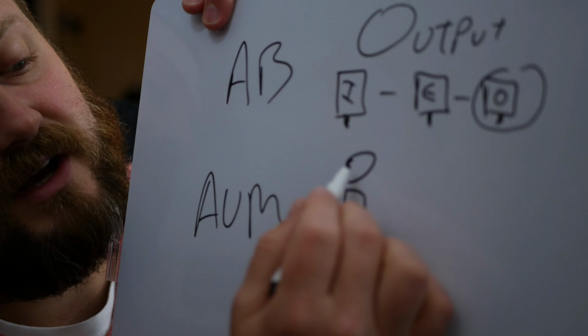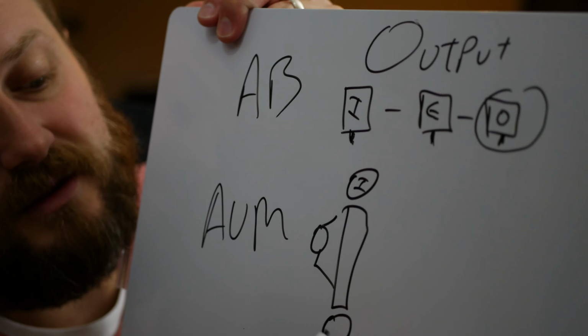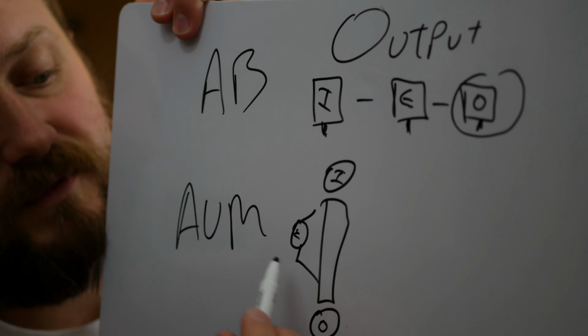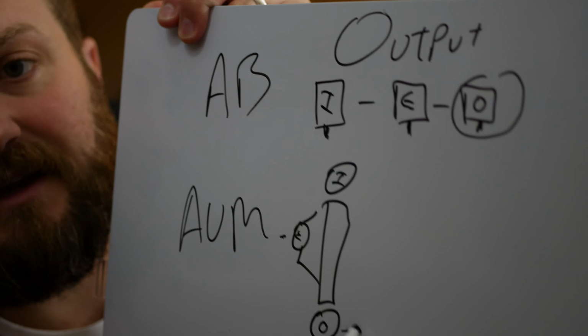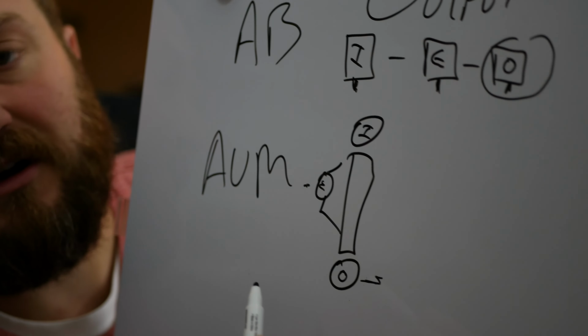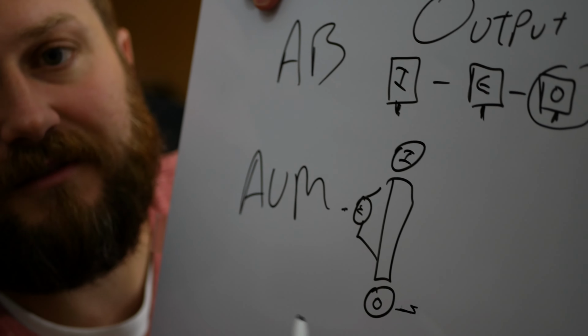With AUM, it's set up more traditionally, like a mixer. You have your input, then you have your output down here, and you can have your effects in the middle. But the output down here can only be the system output, which would be your audio interface or just your speakers or your headphones.